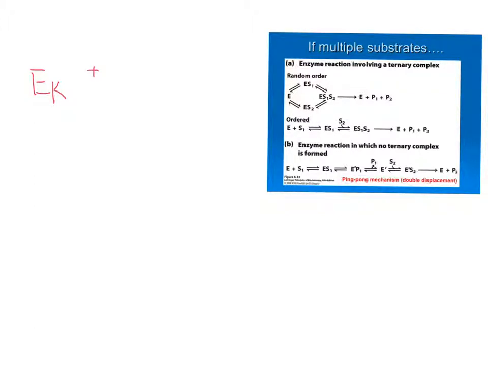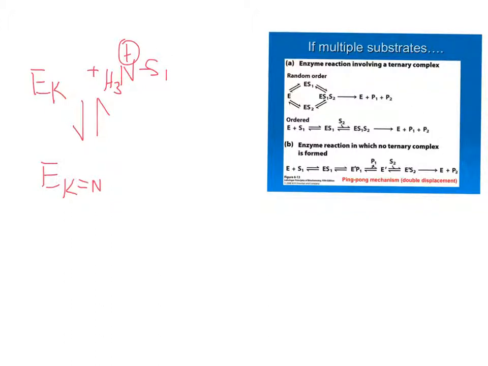The substrate's going to have an amino group on it. So that's S1. Then, and it's reversible by the way, what happens is the enzyme's lysine forms what's called a Schiff base, but it takes the nitrogen.